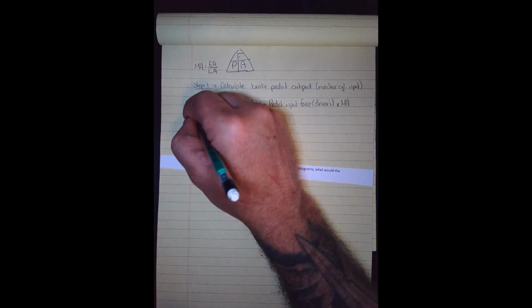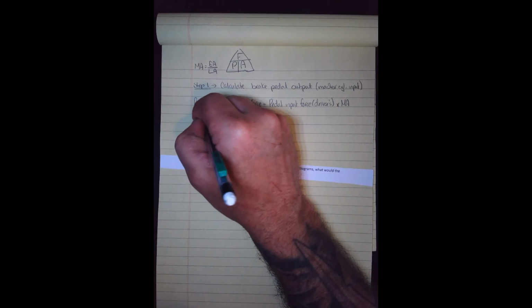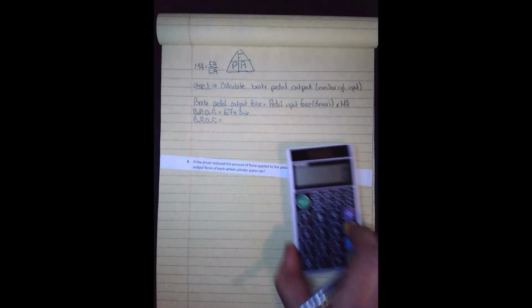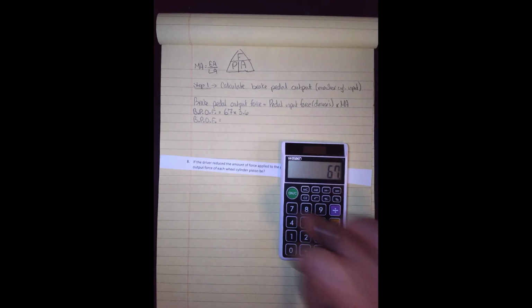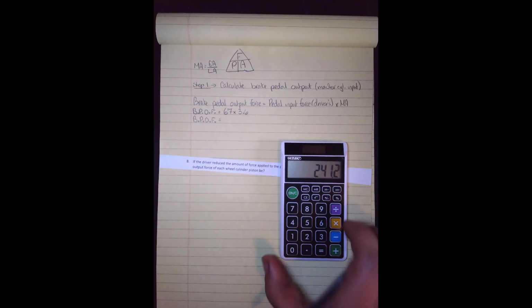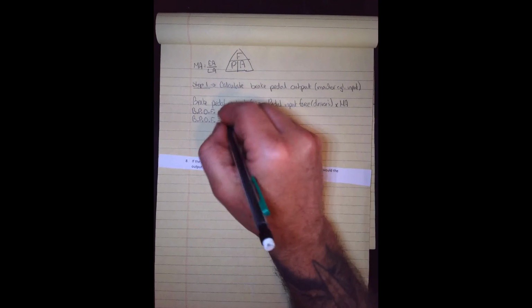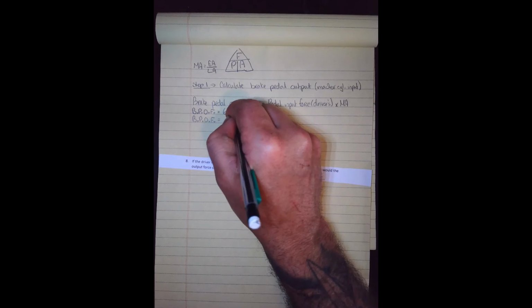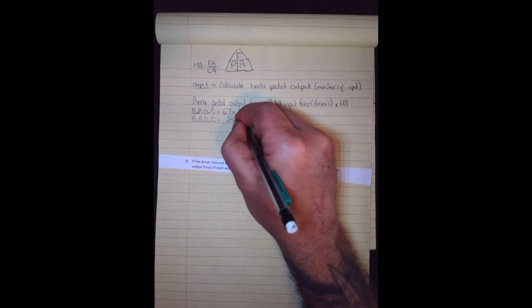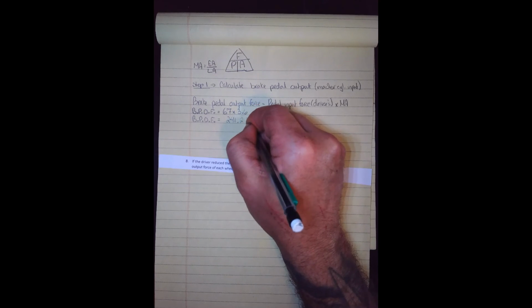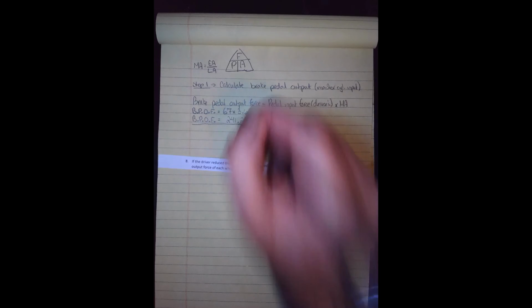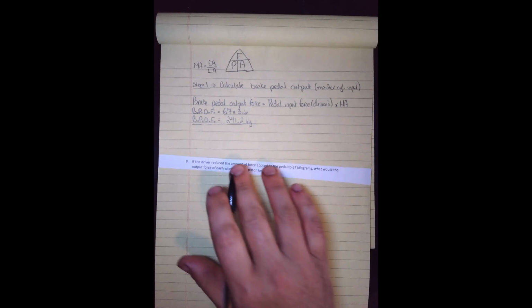This is going to give us a brake pedal output force of 67 times 3.6, 241.2 kilograms. That's what we need for step one.